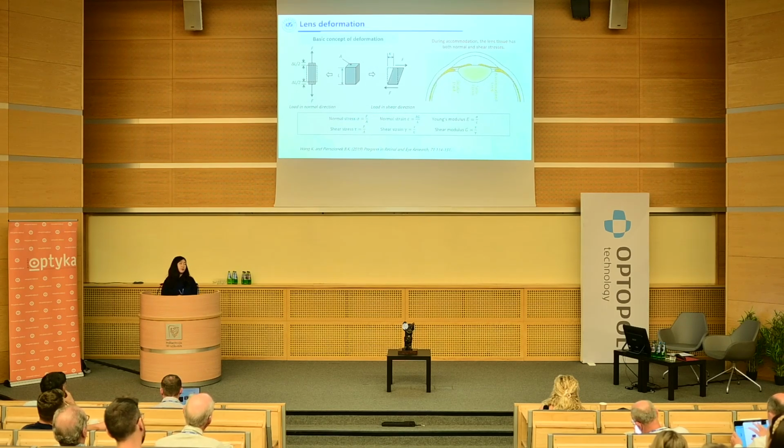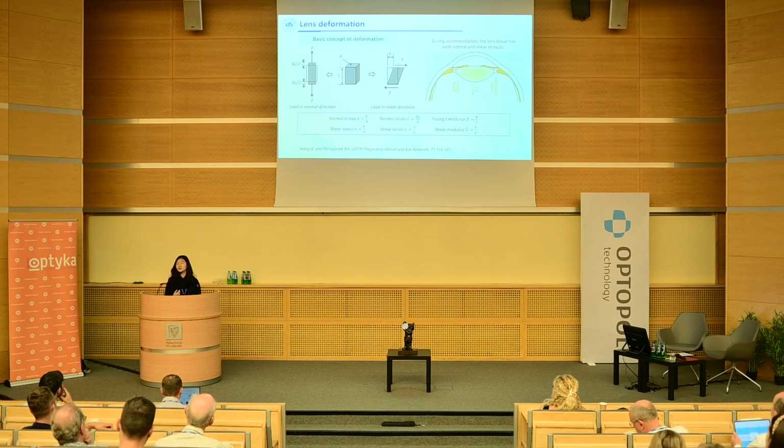We can see from the animations on the right side that the lens, during accommodation, is deformed by a number of different zonules in different directions. So inside the lens, there are stresses, a mixture of both shear and normal stresses.